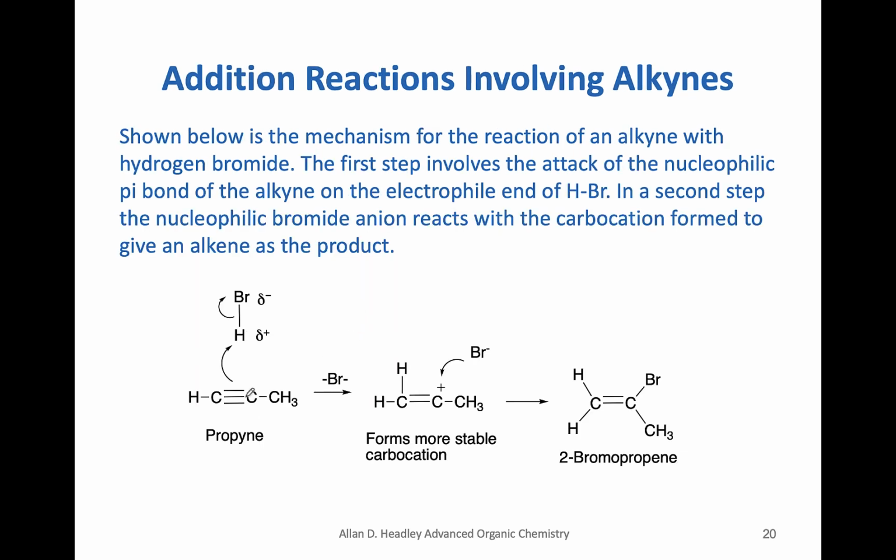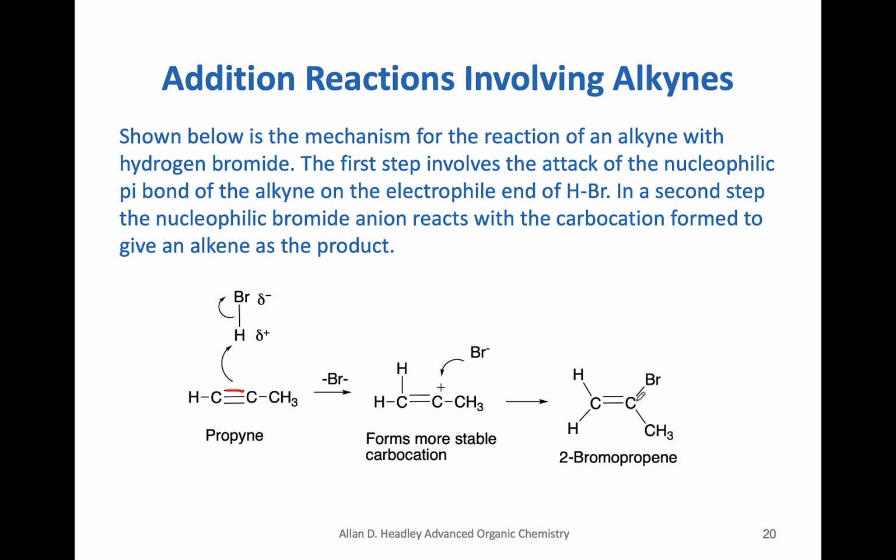So let's look at this one as an example. So here's HBr. This is the electrophilic end of HBr. These are nucleophilic pi bonds, so it can react here to give this. Notice again, this should really be a bromonium ion right here, but I've written it in the open form just to emphasize that it gives the more stable carbocation, even though it's a double bonded carbocation, which is more stable than putting it over here.